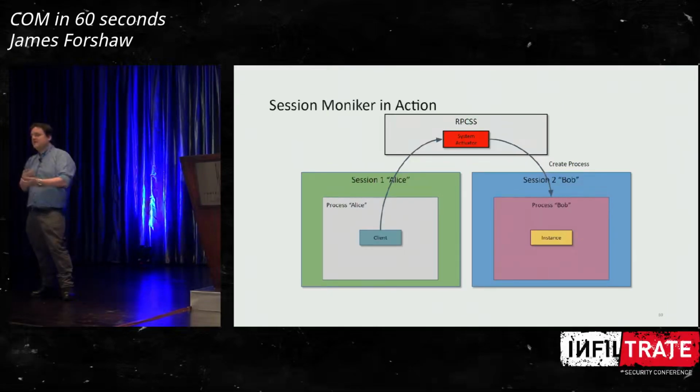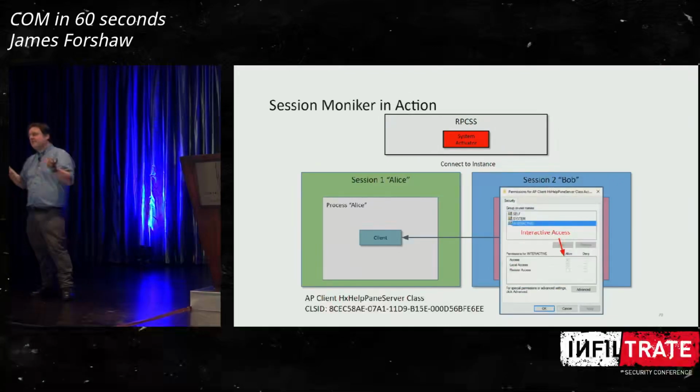The COM object is now running as Bob. And as long as Alice has the ability to talk to Bob's process using its access permission, in theory, I can talk to a COM server in Bob's session. Now, the default was just self, and so self would be replaced by Bob in this case, and only Bob would be allowed to access it.